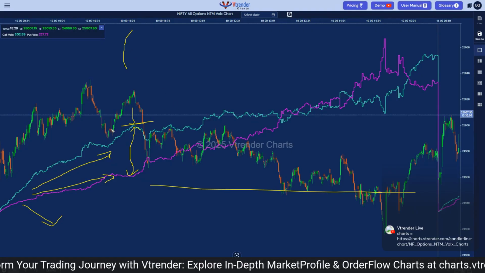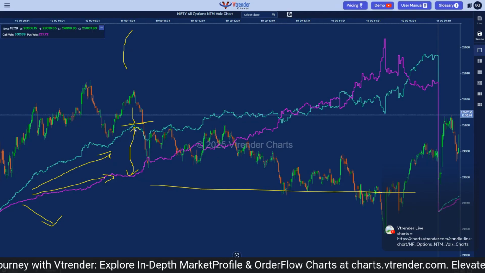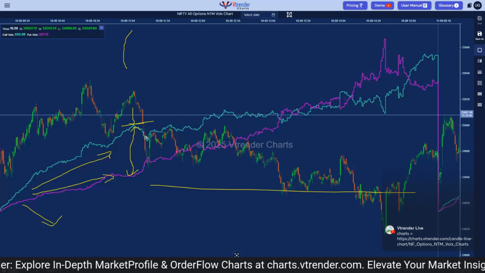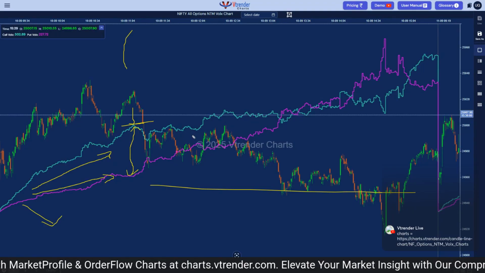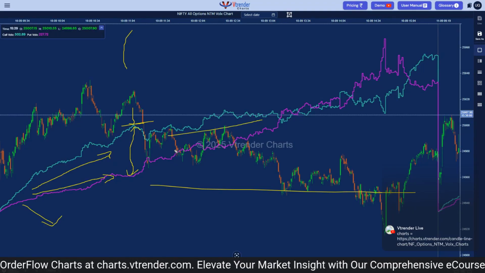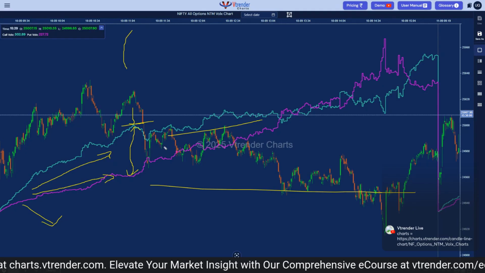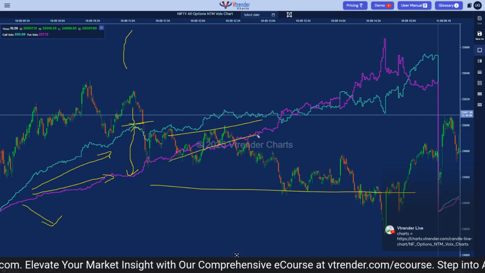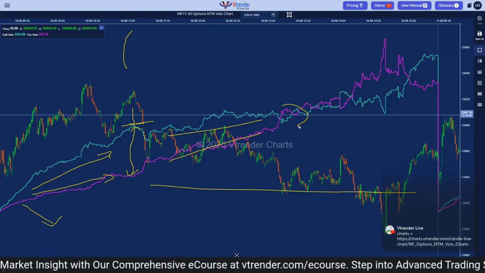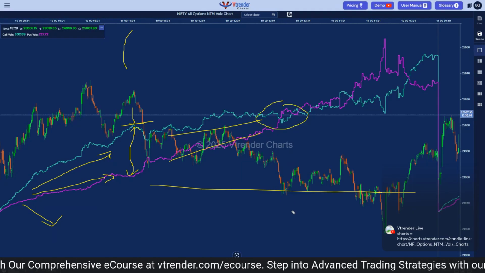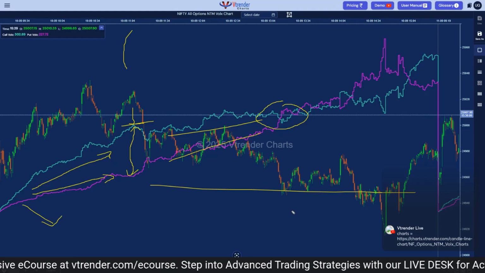You can see how it gave us a peak right at the highs of the day, after which the distance started to come down, which was telling us that there were not many calls being added, and the put also started to come near the calls. And here you got this crossover of put volumes above the call volumes.